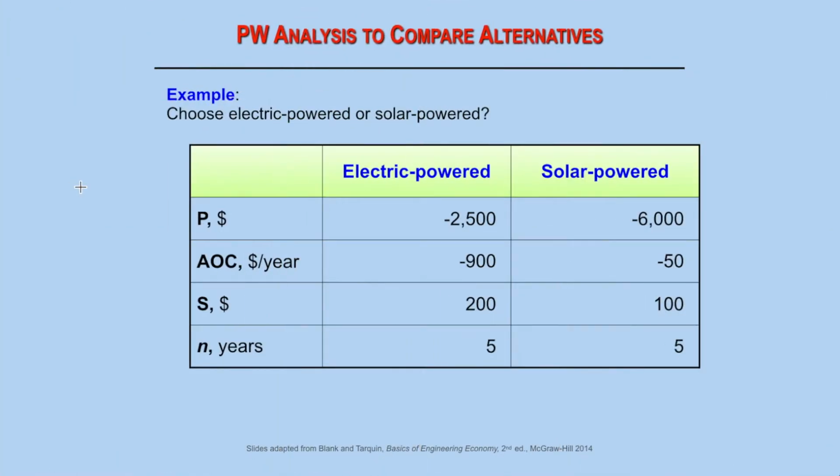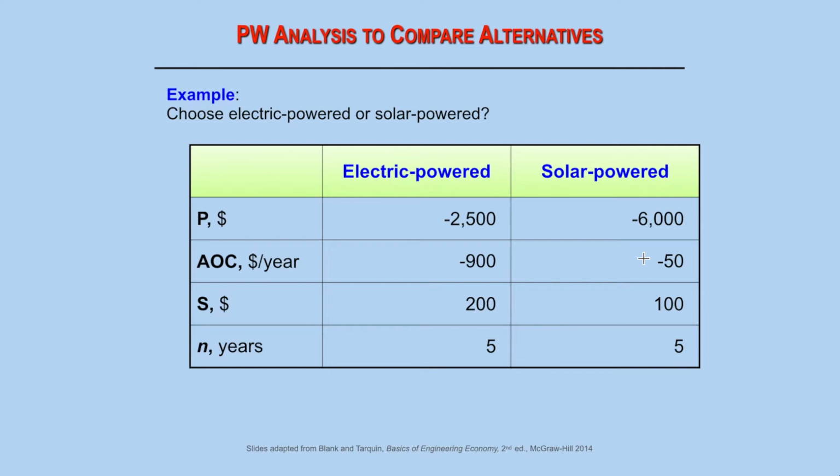Here is an example of applying present worth analysis to compare multiple alternatives. The first alternative has a first cost of $2,500 and an annual operating cost of $900. The second alternative has a first cost of $6,000 and an annual operating cost of just $50.